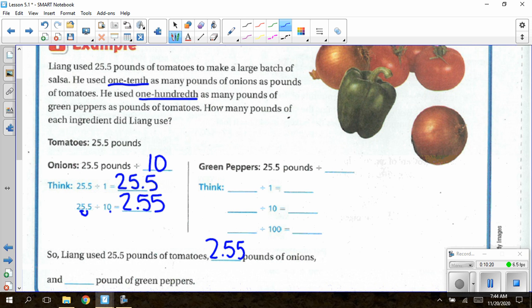Now for the green peppers, remember it says he used 1/100th as many pounds of green peppers as pounds of tomatoes. So for our pounds of tomatoes, it was 25 and 5/10, and if I want 1/100th of that, that is taking 25 and 5/10 divided by 100. So to fill in my pattern, all the front numbers would be our 25 and 5/10.